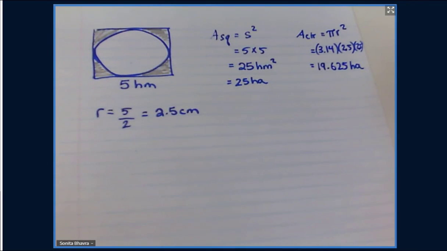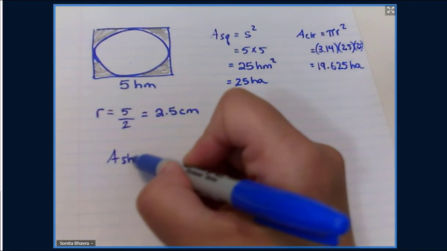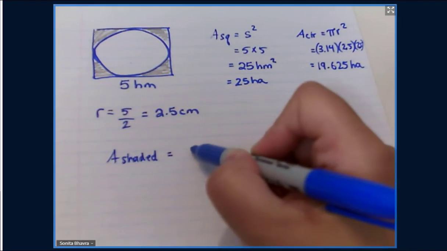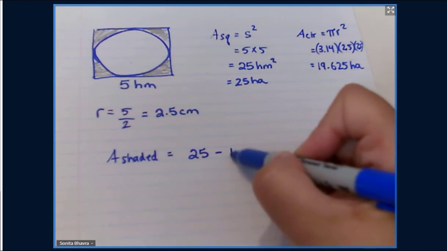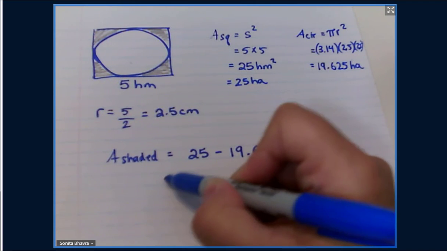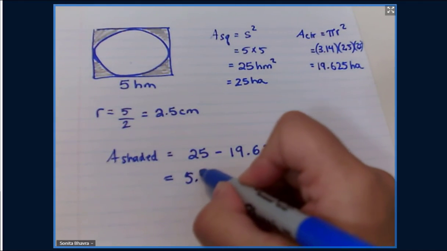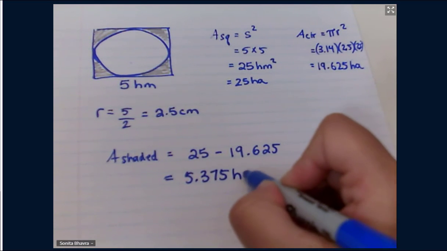Now that we have both, we can figure out our area of the shaded part by subtracting the area of the circle from the area of the square. So area shaded is equal to 25 minus 19.625, which gives me 5.375 hectares.